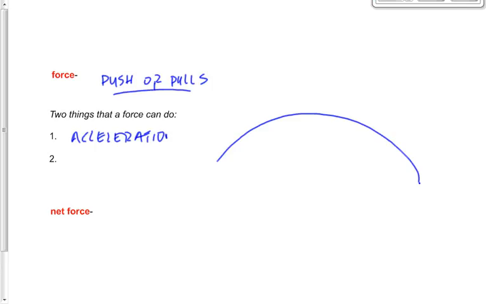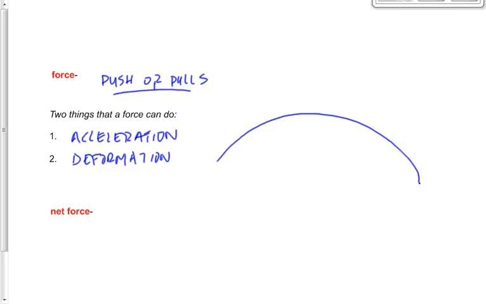Deformation. And what do we mean by deformation? Change the shape of something. When a basketball hits the floor, it accelerates, it slows down, and then it accelerates, it speeds up as it goes upwards. But during that process, it also changes shape. When you hit a golf ball with a golf club, if you're good at it, the golf ball, believe it or not, actually deforms to a size that is barely half the normal size of a golf ball.